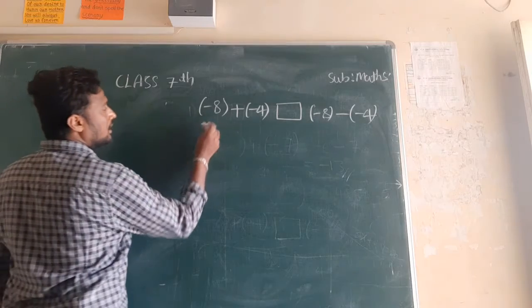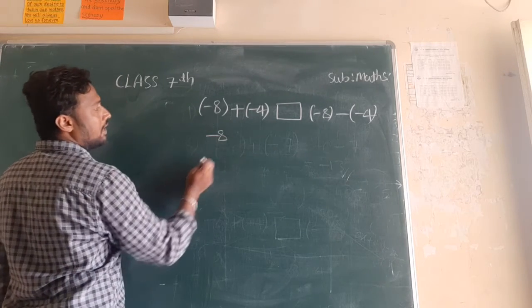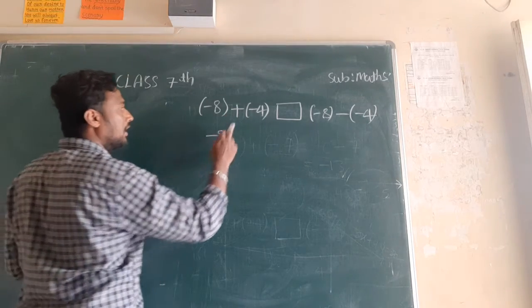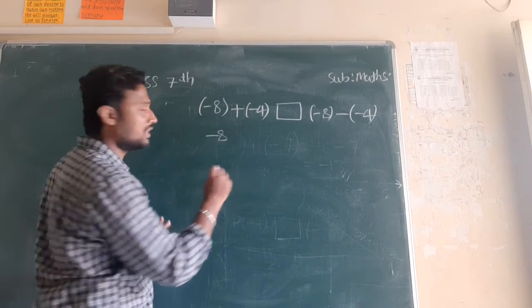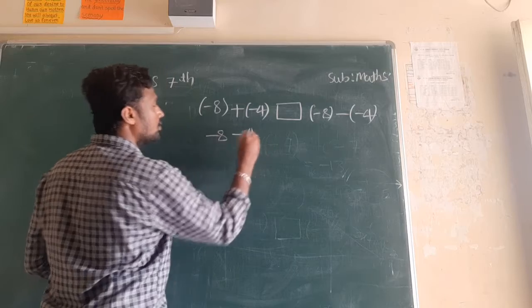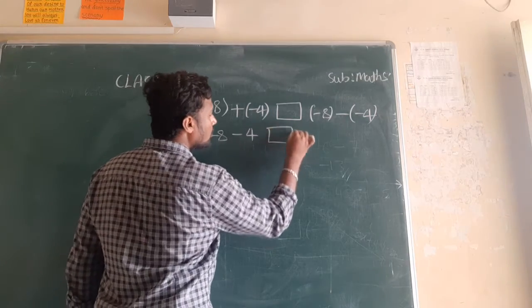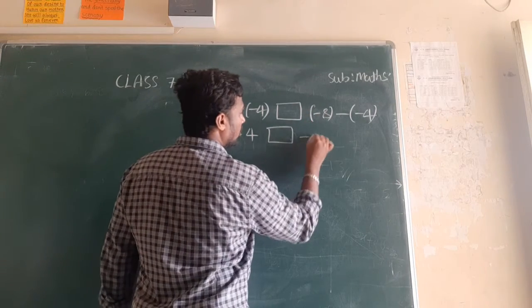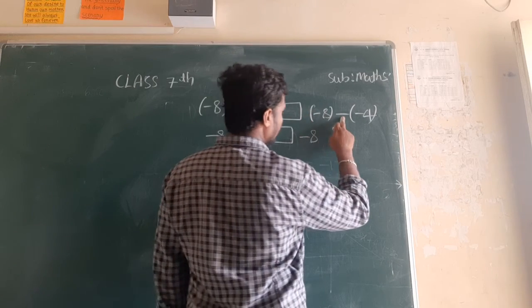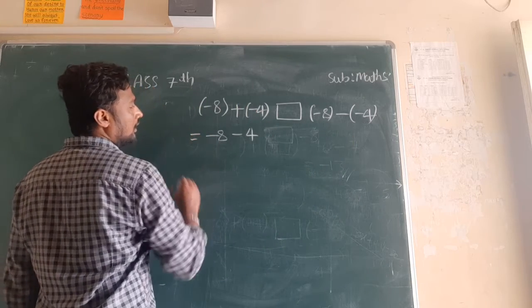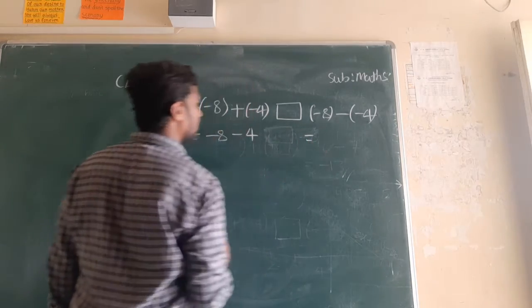So here minus 8 I will write as it is, and here we have plus outside the bracket, so you have to multiply again. Plus into minus is minus, so you write minus 4. And I will put this box as it is. Next we have minus 8, and I will calculate this separately.